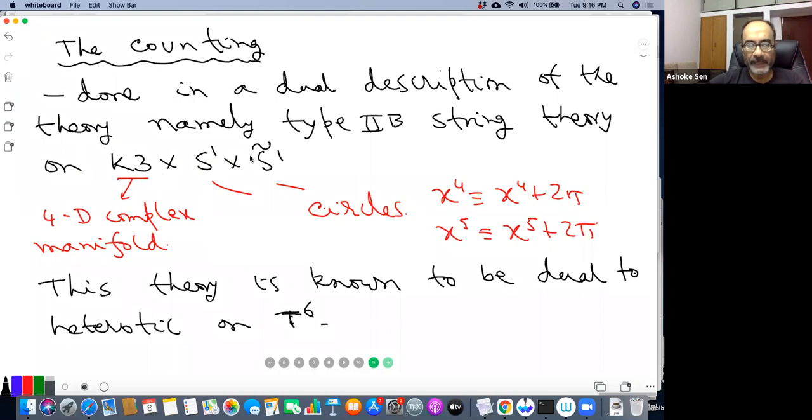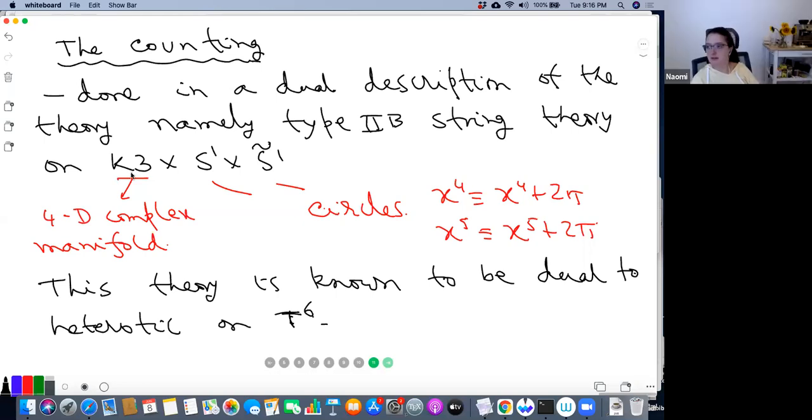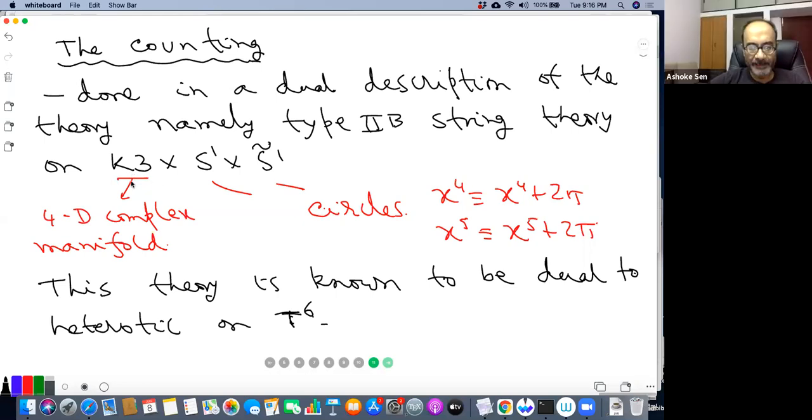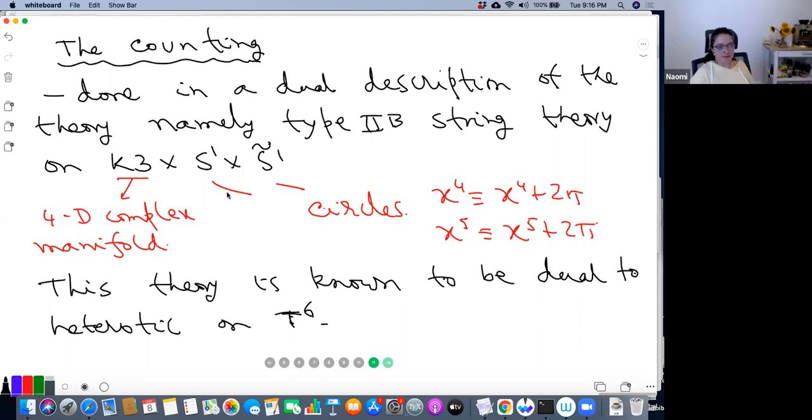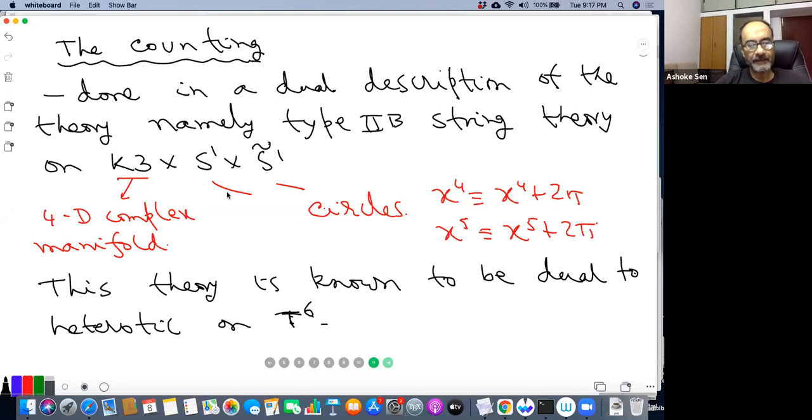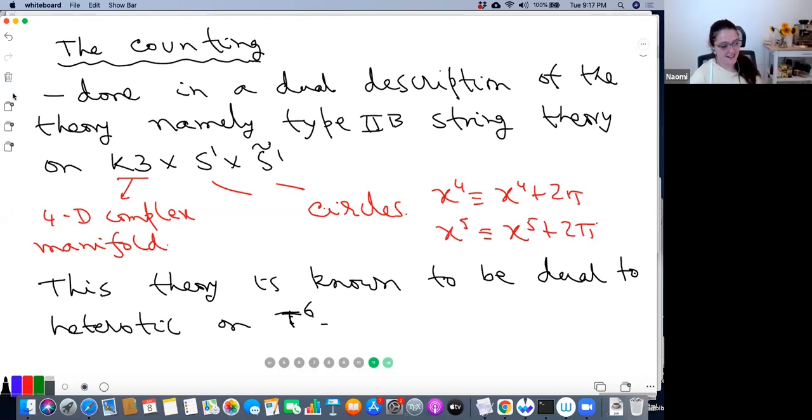But of course, I could have started with this. Then I have to describe some properties of K3 to count the number of gauge fields that the type 2 theory has. Got it. Cool. It's just that. Otherwise, I could have started from this. Is that okay? Yes, definitely. Thank you.